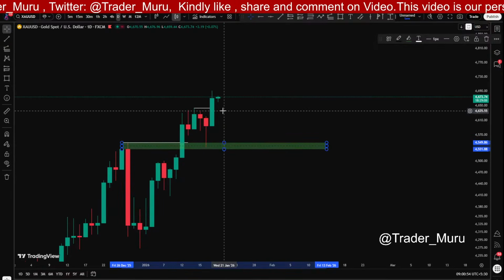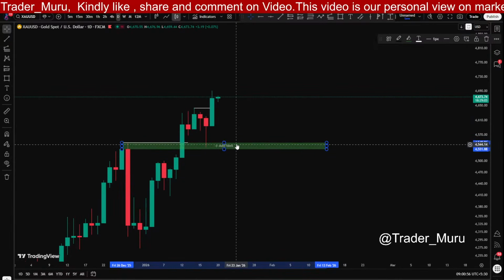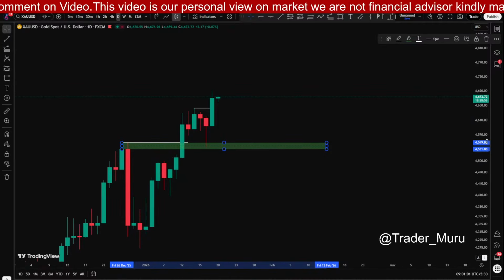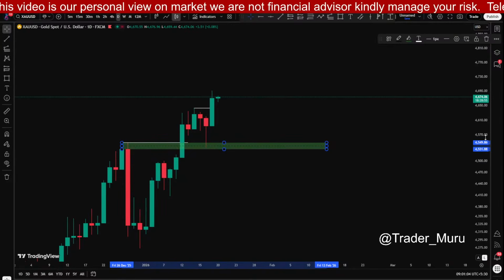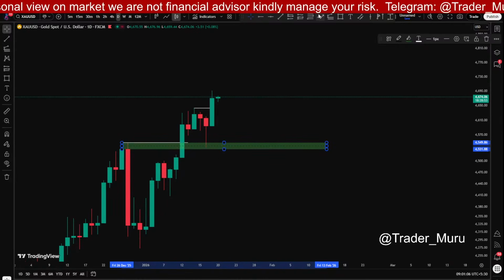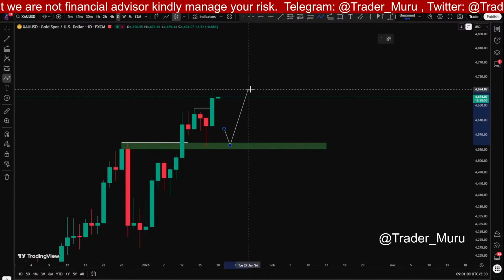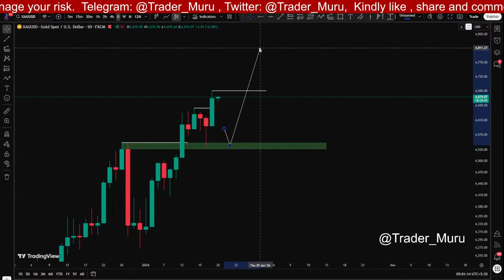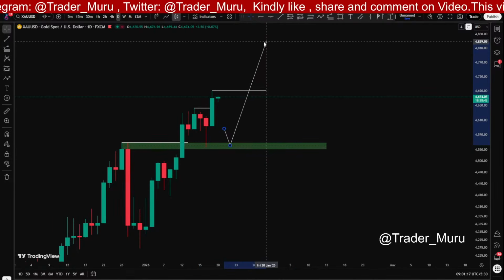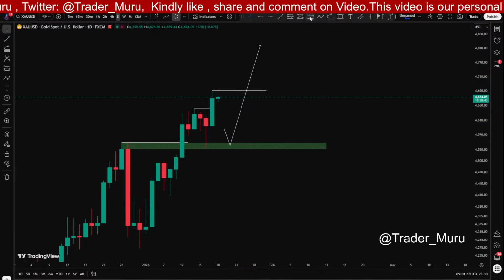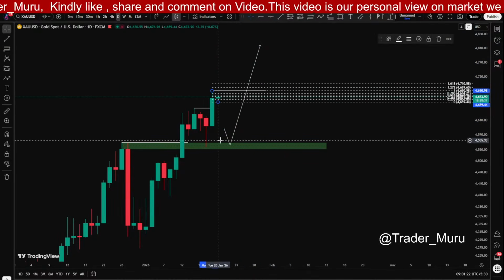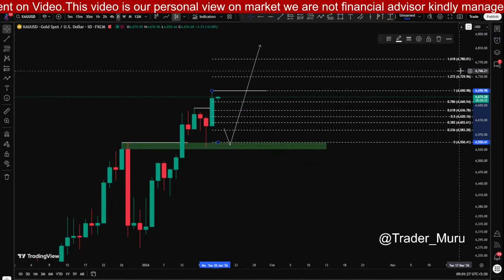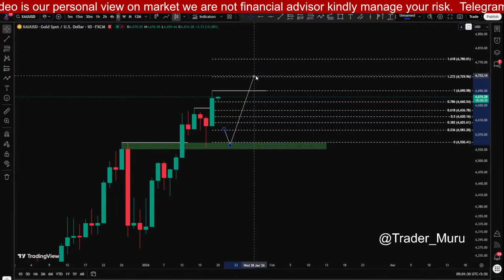So if we get a breakdown of this zone and test near about this daily time frame level around 4590, here 4549 to 4531, it will again be a good opportunity to buy for the recent high and 4730 price, because for this area the target is also coming near about 4730, near this one.